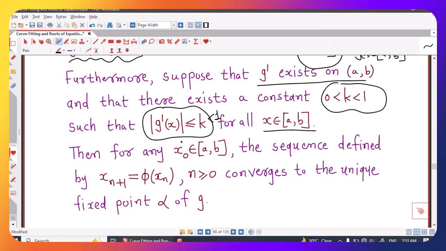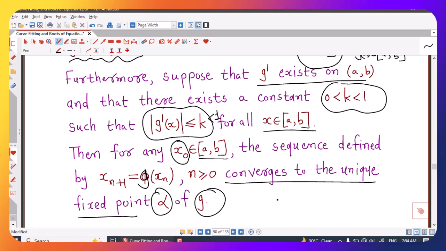Then for any initial guess x0 in this interval, the sequence defined by x(n+1) = g(x(n)) converges to the unique fixed point alpha of g, or converges to the solution alpha of the equation x = g(x). The solution of this equation x = g(x) is nothing but the fixed point of g, therefore they have written it in this way.